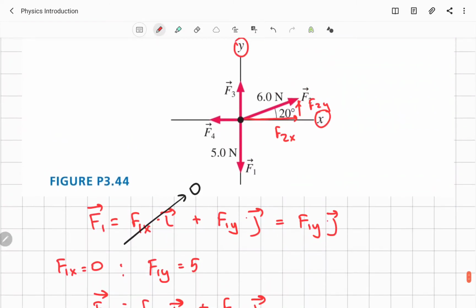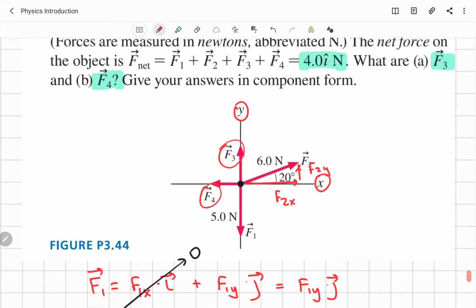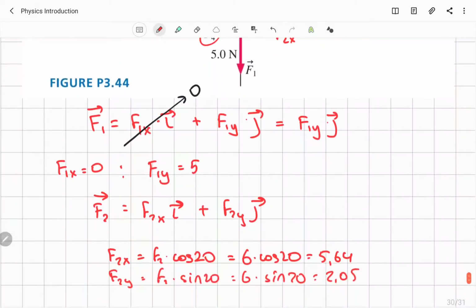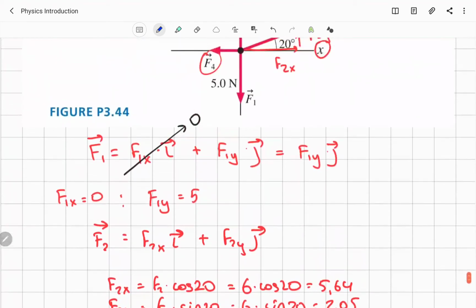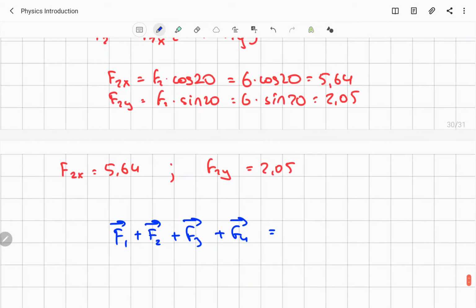Now let's come to the third vector. The third vector is exactly vertical, so its x component equals 0. For vector 4, exactly horizontal, its y component equals 0 basically. Now let me write the equation again. It says that f1 plus f2 plus f3 plus f4 equals 4i.